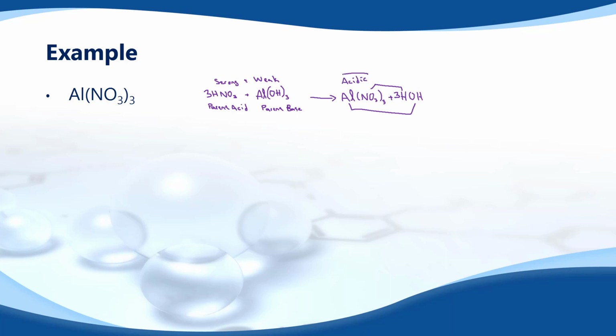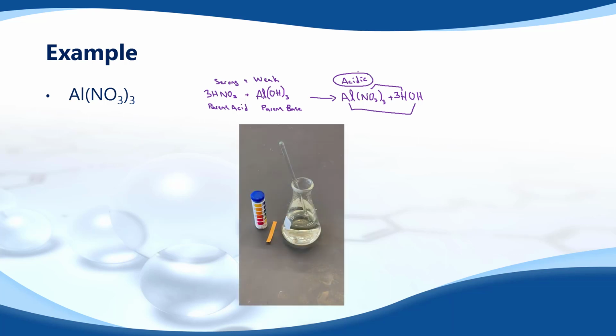To demonstrate this, I've got a little demonstration from the lab. What I have here is a beaker that has some aluminum nitrate solution in it. I have a pH test strip and the vial that will let us read it. I'm going to take the glass stirring rod and dip it onto the pH testing strip, and we can see that the pH testing strip turns a little bit red.